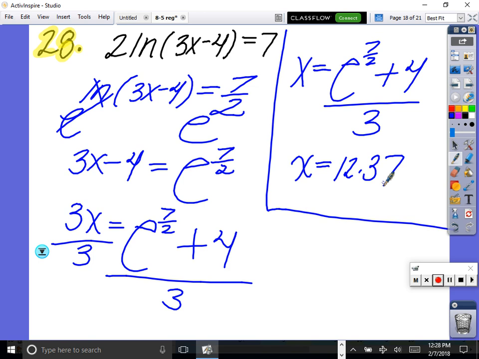Now look, these ones you can literally check because ln is a button in your calculator. So this is what you should do. Go to ln, and then you'll do 3 times second answer minus 4. If you hit enter, we should get 7. You're typing it into the original, but checking with the entire decimal. Cool.